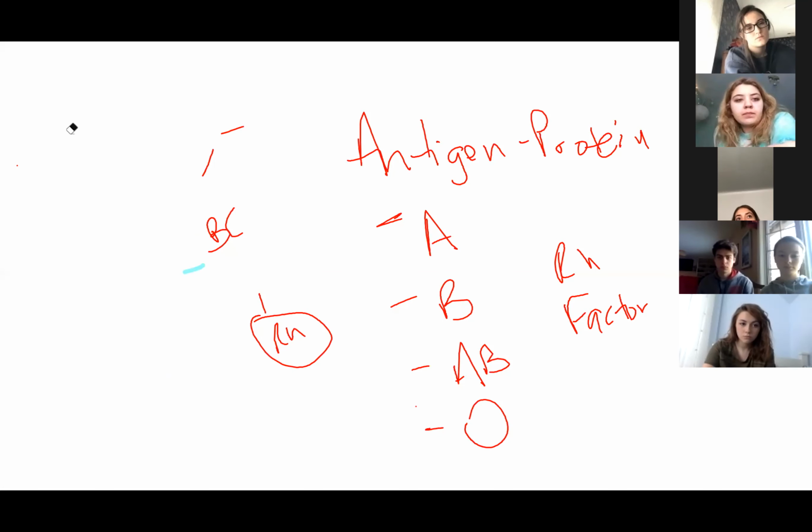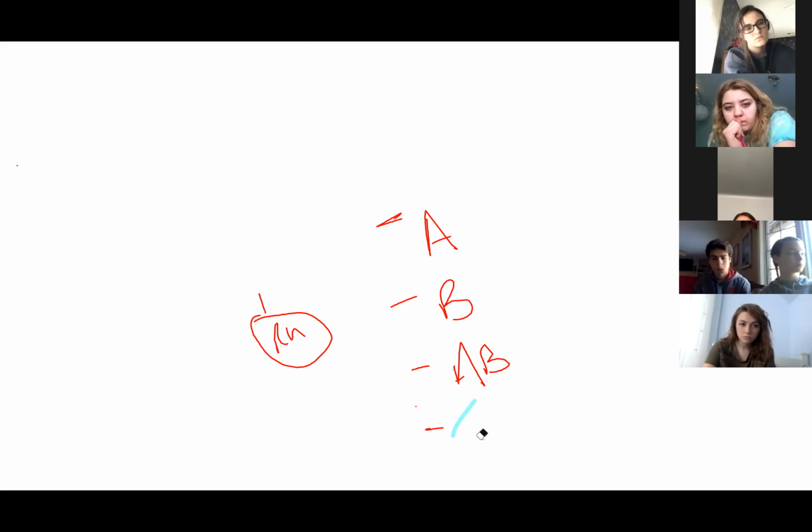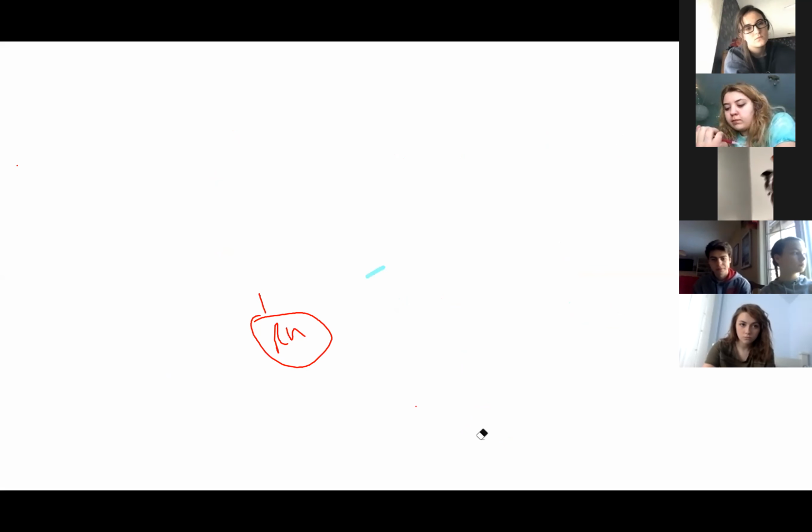The reason O negative is the universal donor is because it doesn't have any antigens on it, and therefore anyone can receive it because their body won't recognize it as being foreign. AB positive would be the universal recipient because it can receive any type of blood and its body would not recognize it as being foreign.